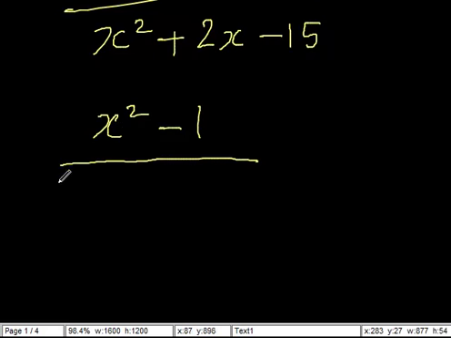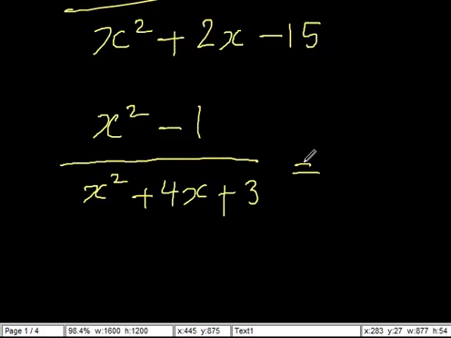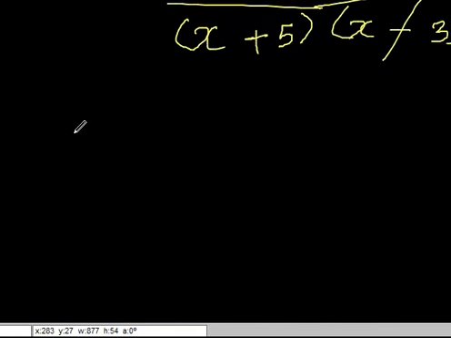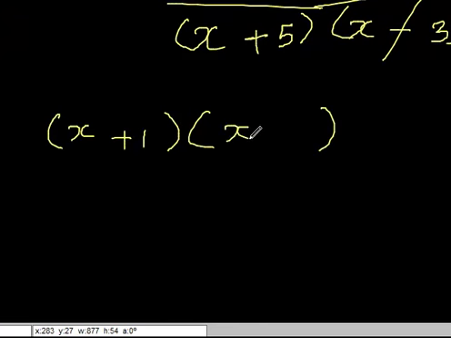That's the difference of two squares, which is going to give you x plus 1 and x minus 1.